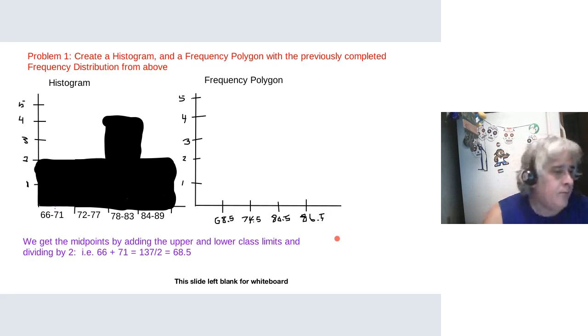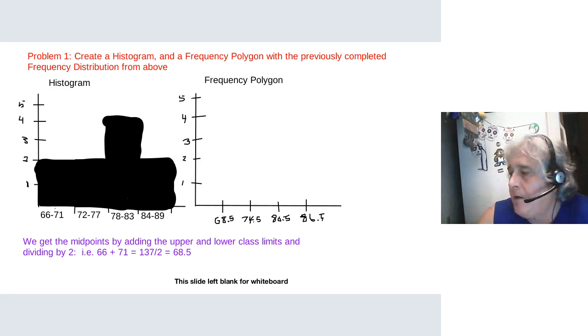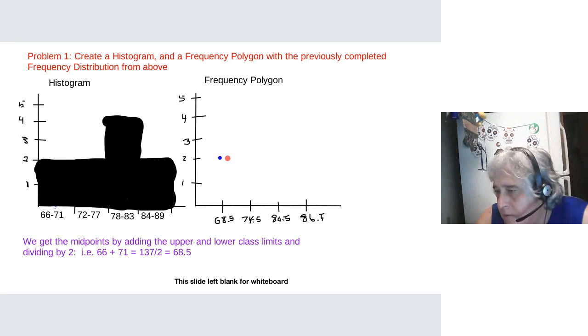So that's the one thing that's different about the labeling: you use the midpoints. You don't have to use a different color, but I'm going to just to make it look nice. So there's the 2, there's the 2, here's our 4, and then there's our other 2.